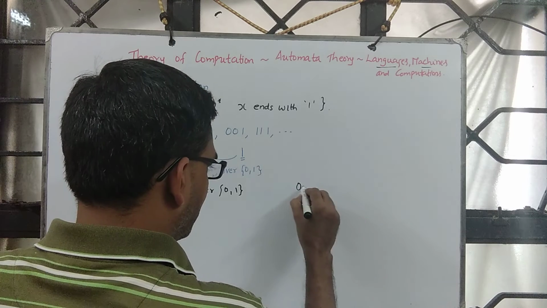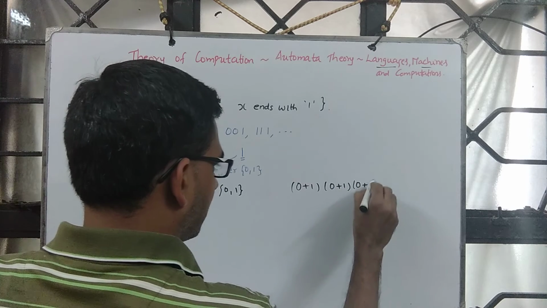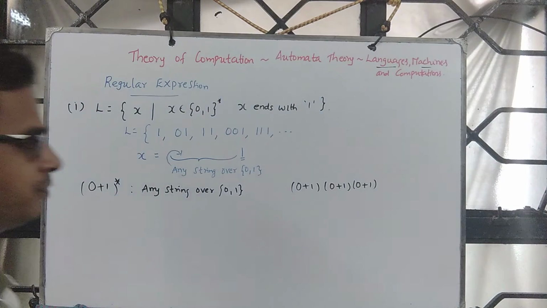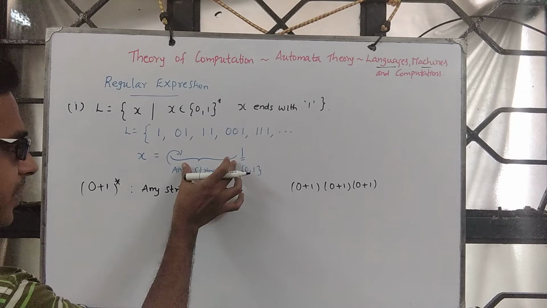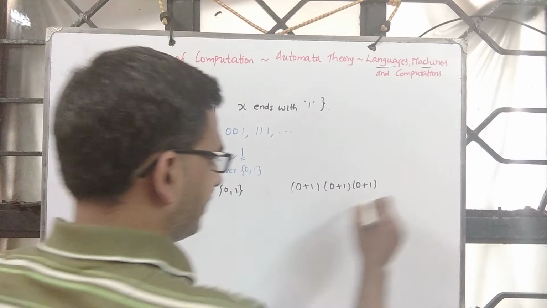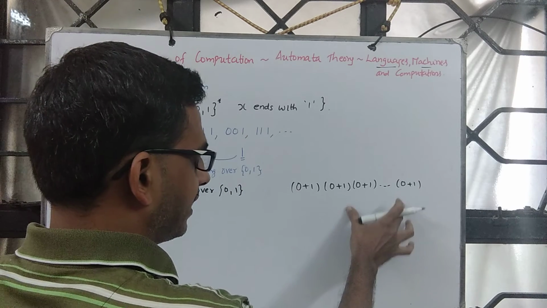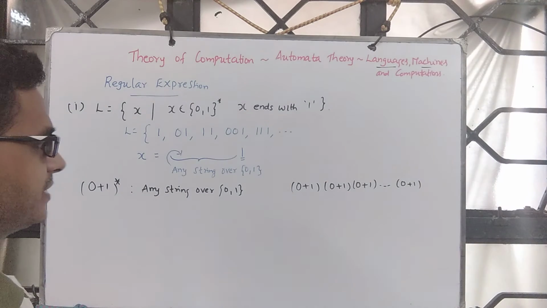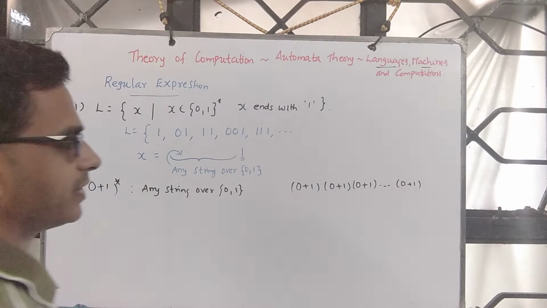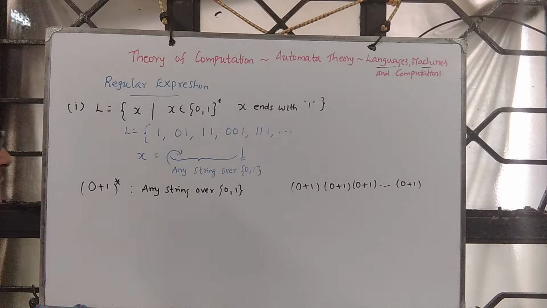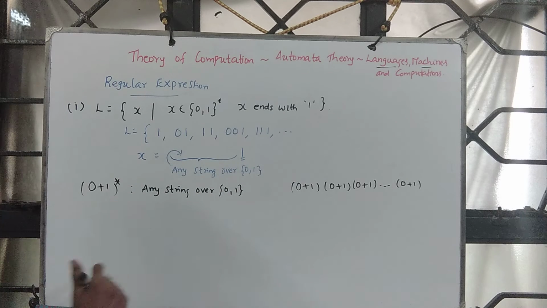Because you want a string of size say 3, if you look at (0+1) cube, you get all possible strings of length 3. Now you want a string of length 7, then you take this 7 times, and all possible strings of length 7 are listed, and the string that we are interested in will be a member of this enumeration. So any string over {0,1} is expressed using this expression.